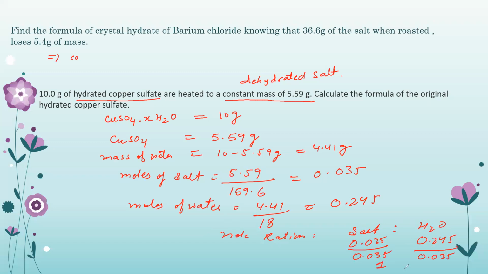So 1:7. You will get 7. So the formula is CuSO4.7H2O. Okay. I hope this is clear. We did nothing. We just found the moles and then took the ratio to find the formula. I hope this is clear.